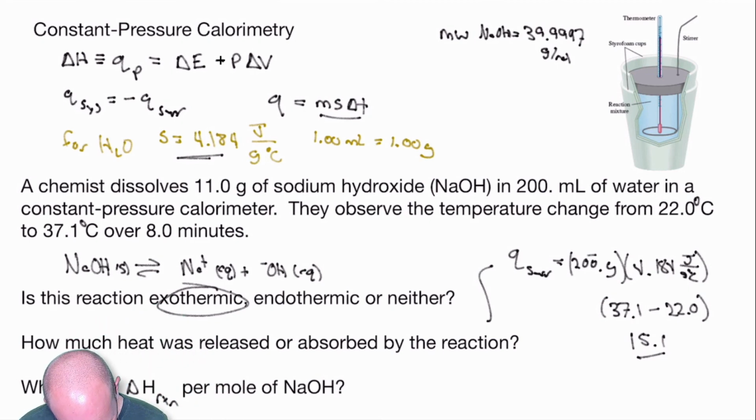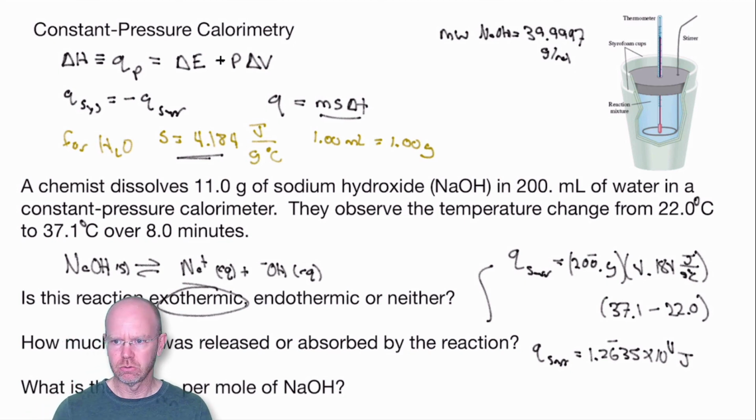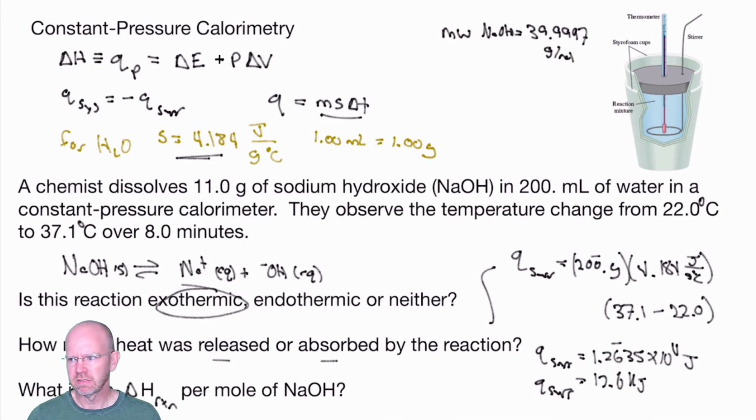And the heat that I get for Q surroundings is 1.2635 times 10 to the 4th joules. And remember, we've got 3 sig figs in that number. We could convert that to kilojoules if we wanted by dividing by 1,000. So this is 12.6 kilojoules. And so the Q of surroundings is 12.6 kilojoules.